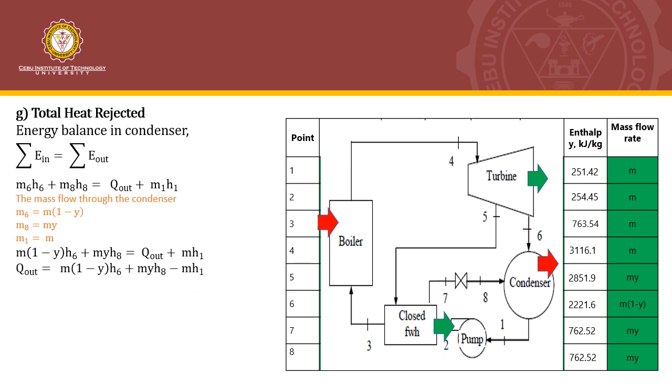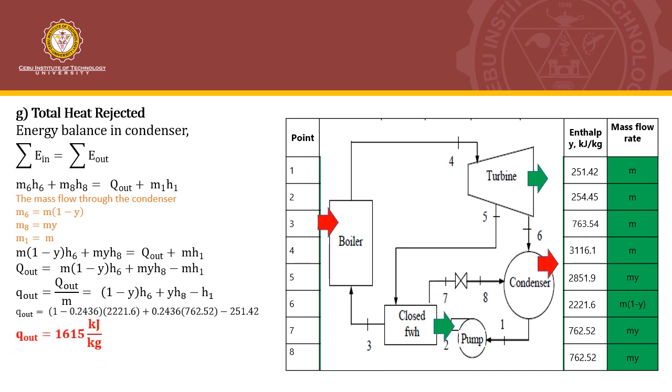And we can also rearrange to get Qout. And in terms of small q out or per kilogram, we will have this equivalent expression. So substituting the values of enthalpies as well as the value of Y, we can get Qout as 1,615 kilojoules per kilogram. So the condenser rejects 1,615 kilojoules of energy per kilogram of steam.